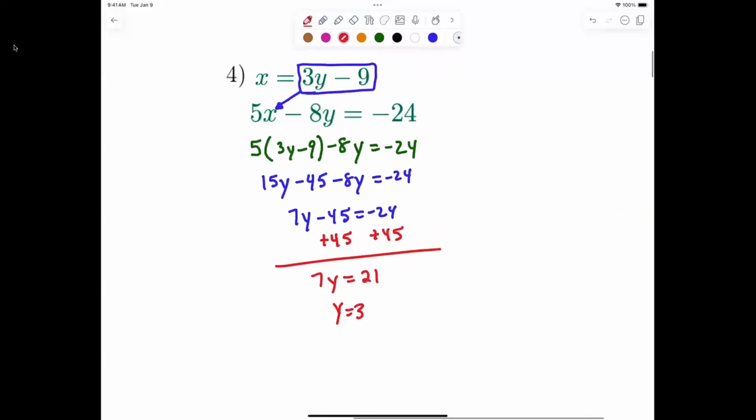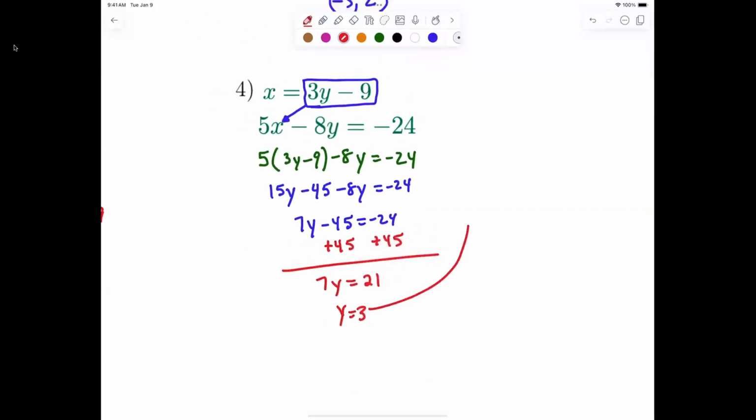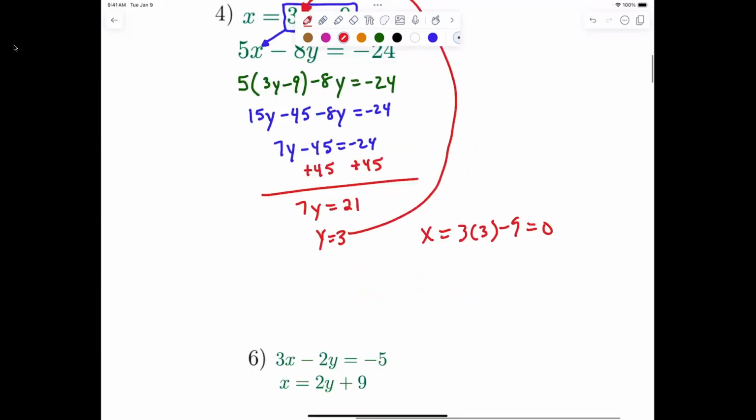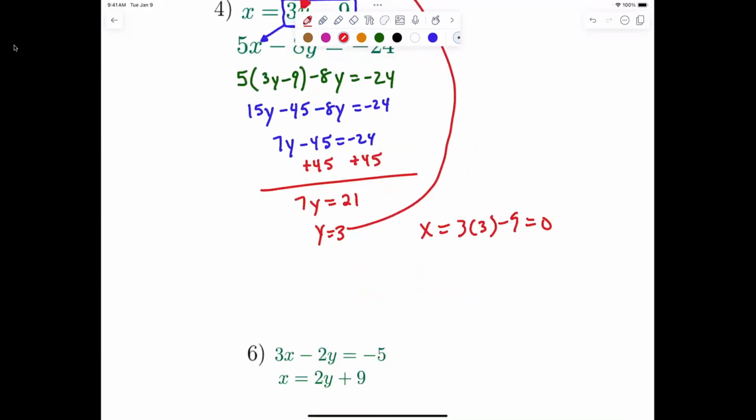Y equals 3. Plug it back in. So what's x equal? Anybody having trouble with 3 times 3 minus 9? X equals 3 times 3 minus 9, which is 0. So my answer is what? (0, 3).